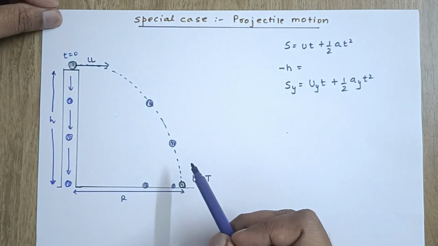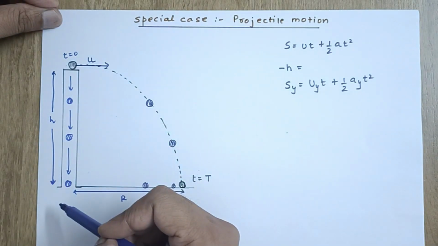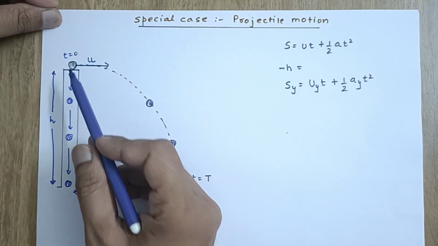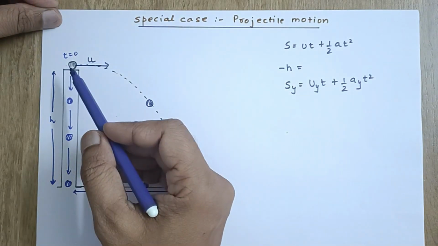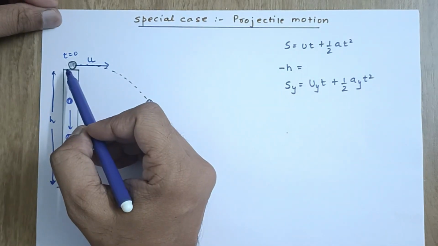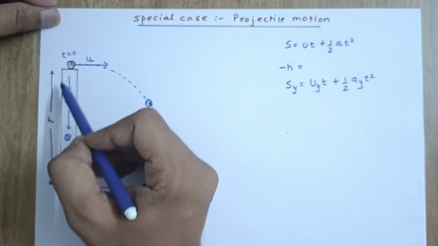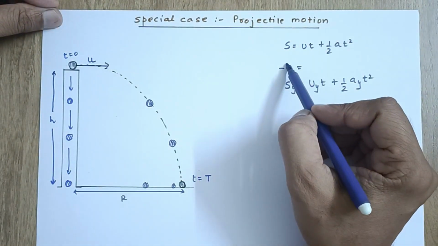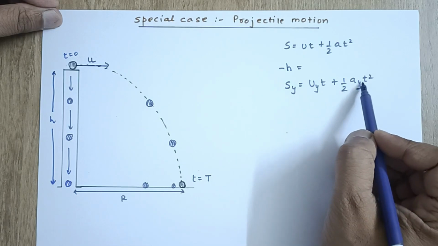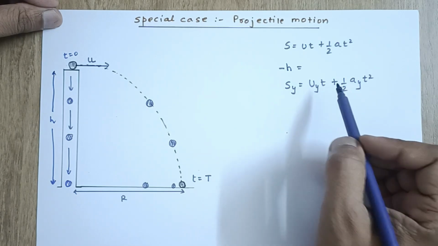In the previous section, we have discussed that all vectors which are in the downward direction will be taken as negative. So the shadow of the ball was here, shadow of the ball reaches over here, it travels along negative y-axis because this is the origin, right? So the displacement is equal to minus h. You can only use y symbol under the vectors, not for the scalars, right?